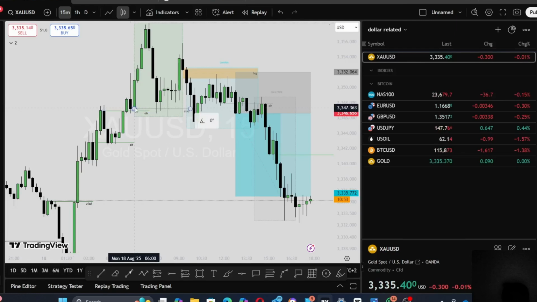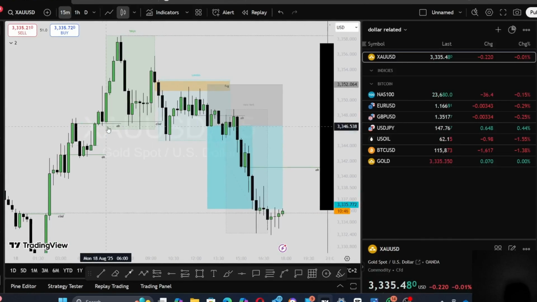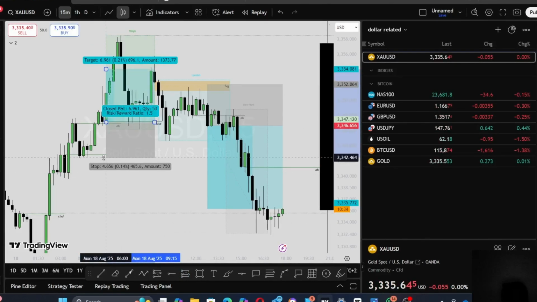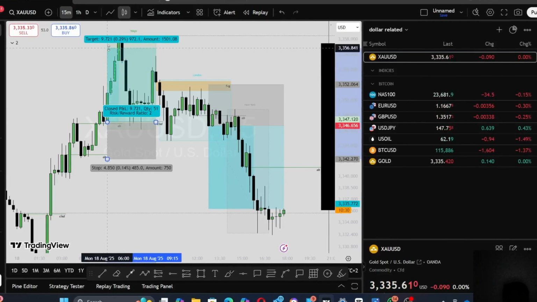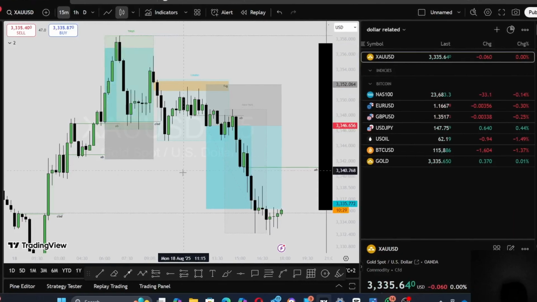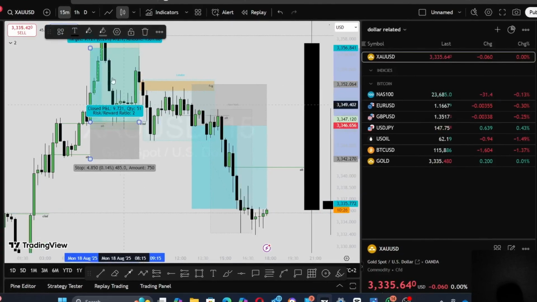It would be a great position to enter right about here, but my entry was here, and then stop loss below here, and then take profit right about there. As you can see, I caught 1:2, exactly at 1:2.